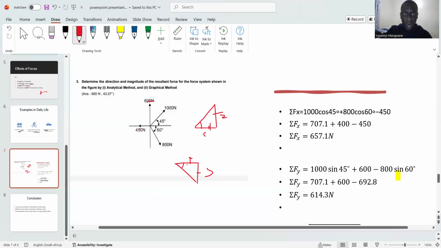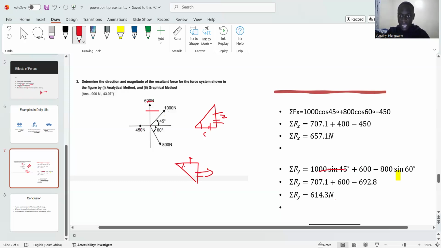The sum of forces on y is 600, then 1000 sine 45, then 800 sine 60. Also this one is going up and does not need any component. It's 600 because it's on our y-axis. Then we use our calculator.